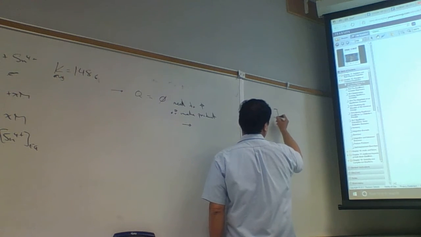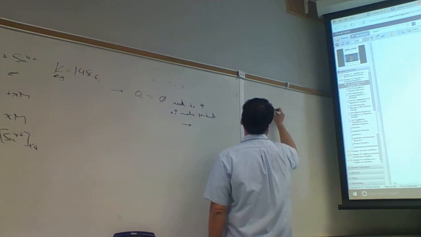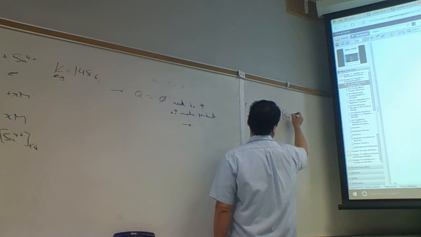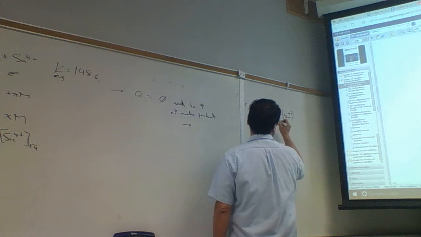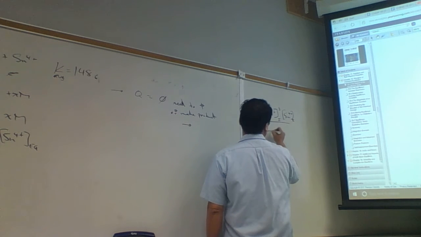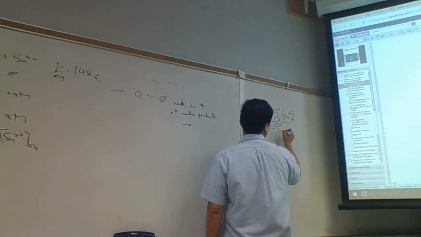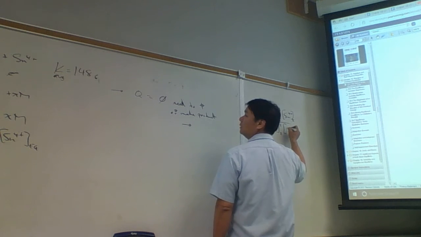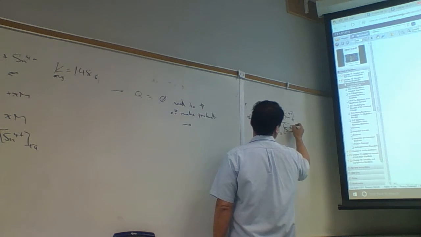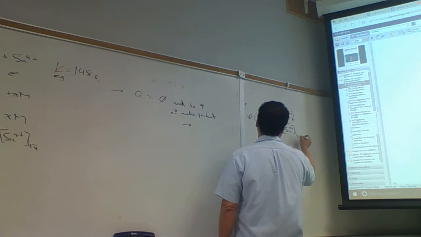It's the initial concentration of the products, which would be copper 1, and this has got to be squared, tin 4, initial, divided by the initial concentration of the reactants, which would be copper 2, this has got to be squared, and the tin 2, which is going to be to the first power.